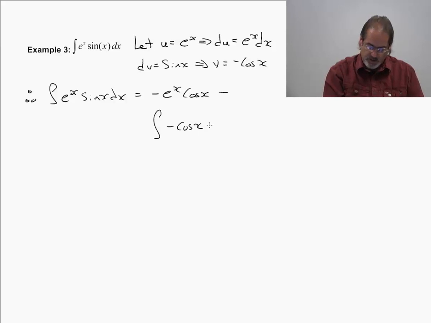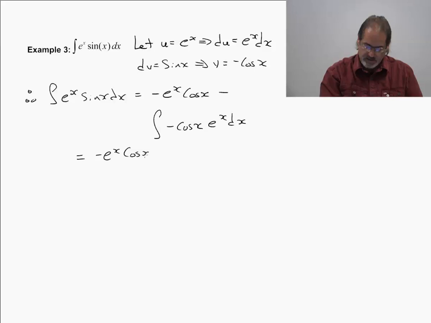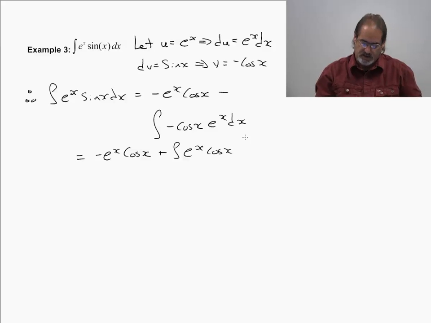So I'm going to write this one more time: negative e to the x cosine of x, I have a double negative, so plus the integral e to the x cosine x dx. Again, to finish this up, I'm going to need to use integration by parts again.